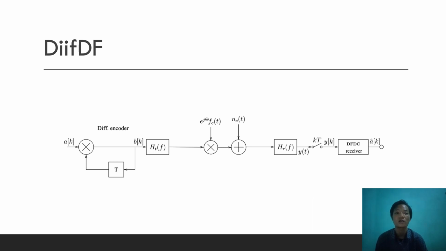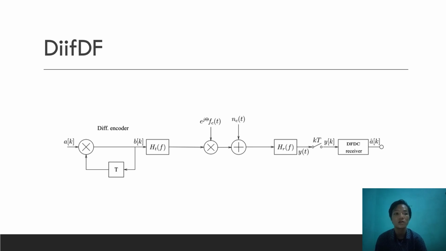Signals are represented by complex baseband equivalents, and ideal symbol synchronization is assumed. With DMPSK modulation, the information phase is differentially encoded, then transmitted as the phase of an MPSK symbol. Both transmitter and receiver filters have square root Nyquist characteristic.